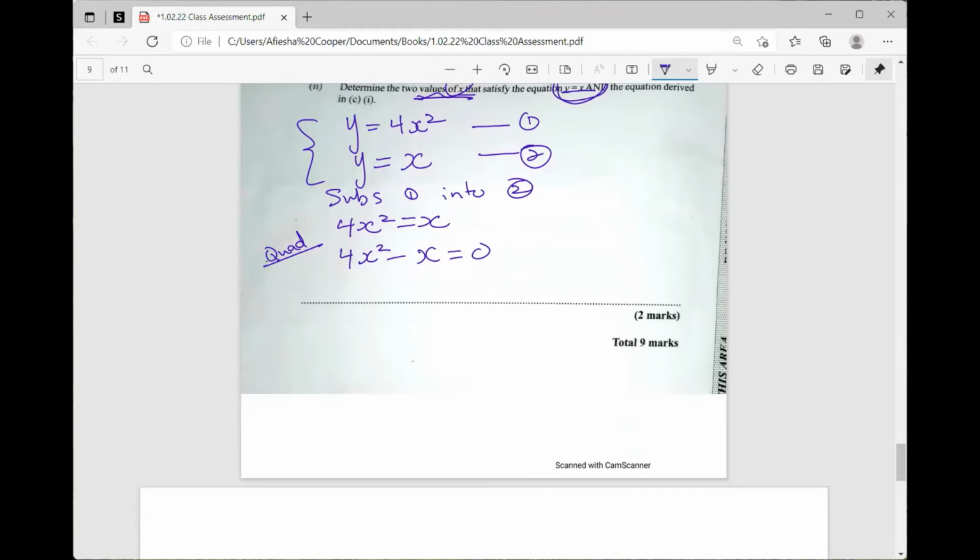What are we thinking to do? Again, logical thinking. How can we work this out to solve for x? What is our only option?